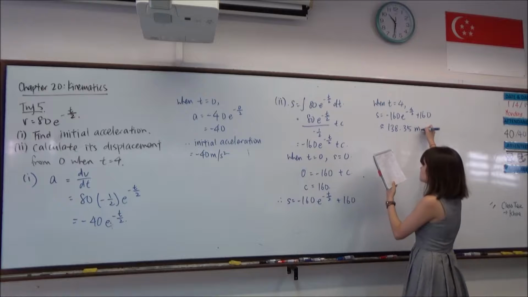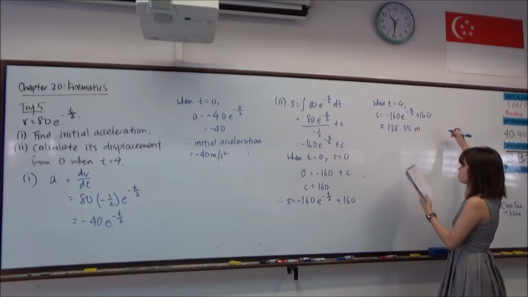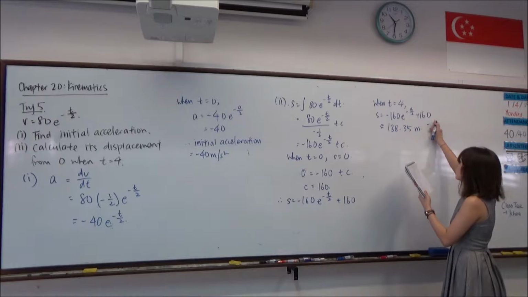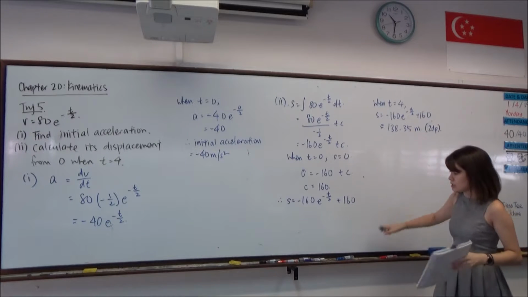Can we put a definite integral? You can. So you put 0 and 4. Yes. So the question wants the answer to be to 2 decimal places, so leave the answer as such.